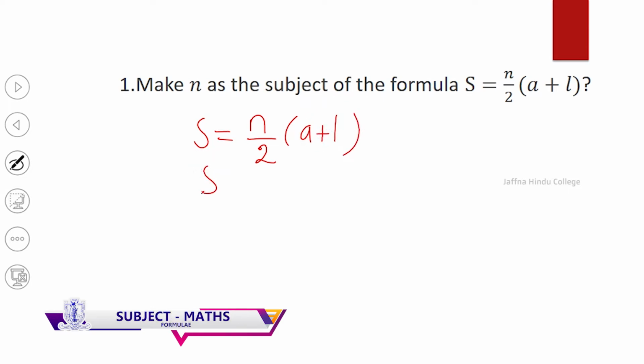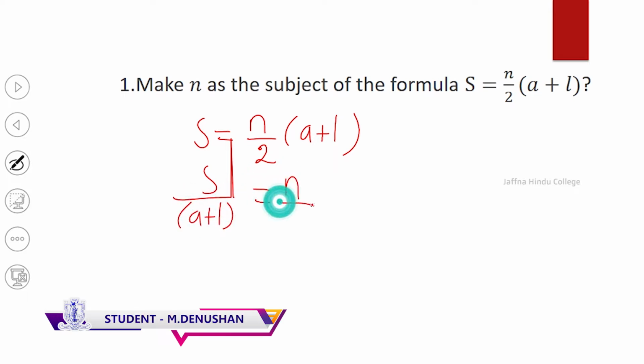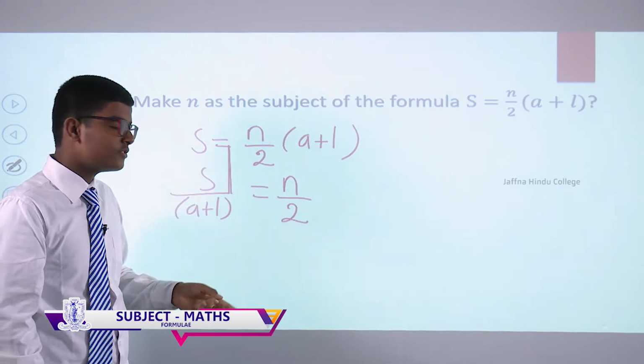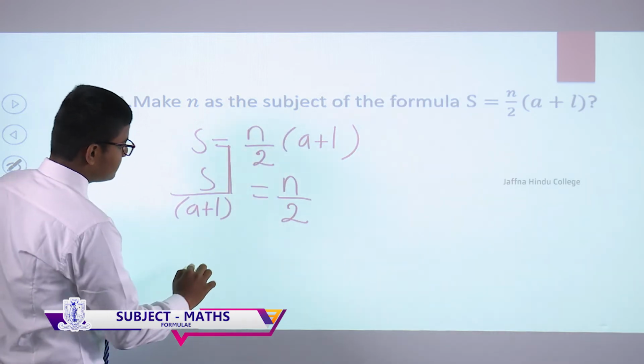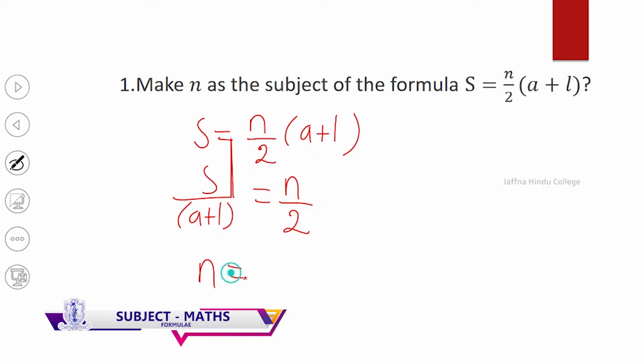By simplifying, we obtain s over a plus l is equal to n over 2. But here we have to make n the subject. For that purpose we have to multiply by 2 on both sides. By simplifying, we obtain n is equal to 2s over a plus l, and this is the answer.